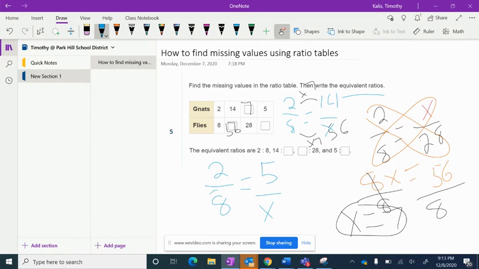So we're going to cross multiply: 8 times 5 equals 40, and 2 times x equals 2x. Then we ask ourselves, 2 times what equals 40? Well, the answer is 20. So the final spot for flies equals 20.